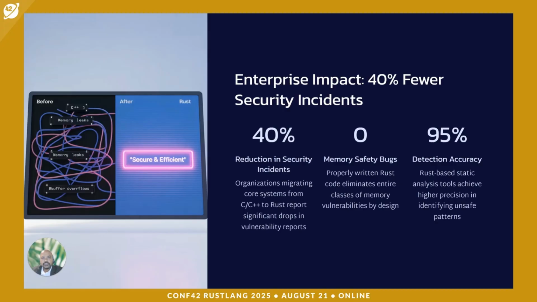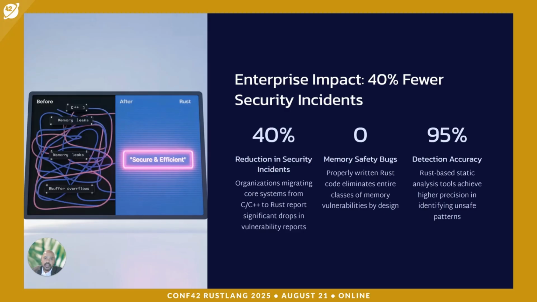Static analysis tools in Rust can reach 95% detection accuracy with fewer false positives, meaning security teams spend less time chasing noise and more time fixing real issues. For example, a financial services firm I worked with saw their vulnerability backlog drop by 30% in 3 months after introducing Rust-based scanning tools.